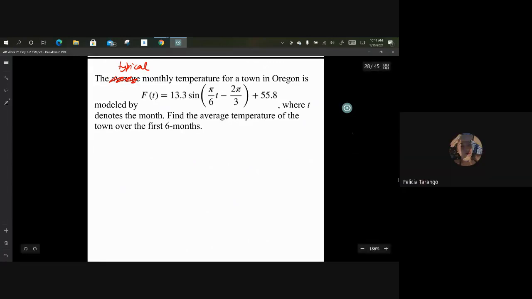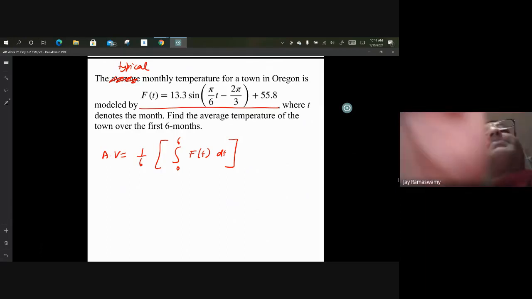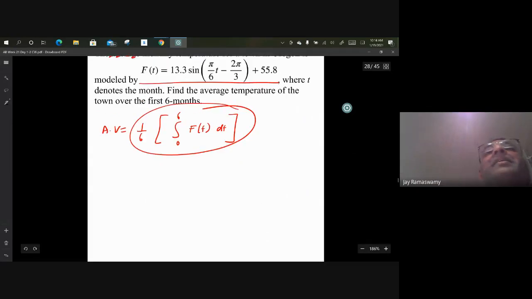Average equals 1/6 times the integral from 0 to 6 of f of t dt. Is that stupidly simple? On Desmos, you can type that in. We're not doing it. I'm just showing you. Type that in very carefully, use x, and type that expression in. I encourage you to type out the function first, and then you could plug it in. Is that clear? It's easier that way.